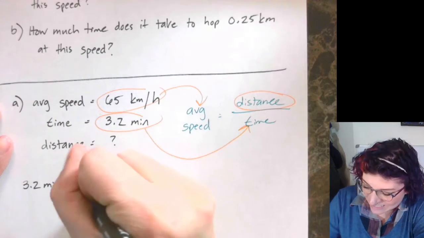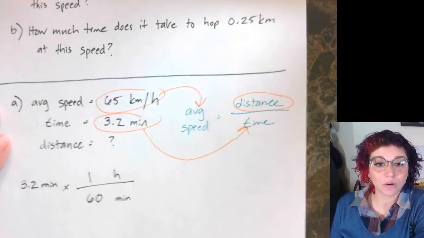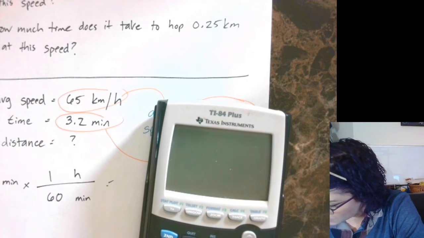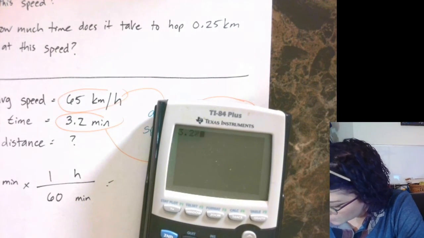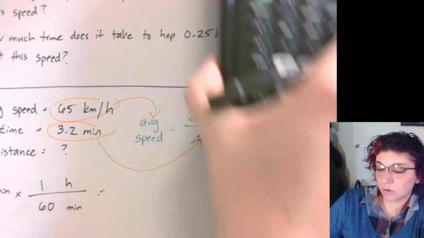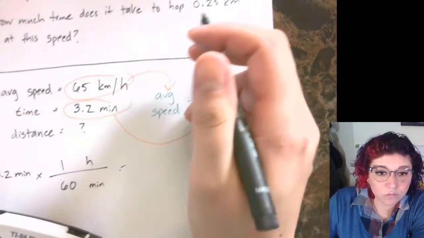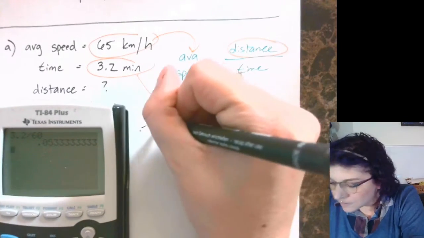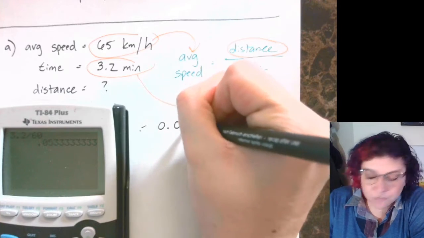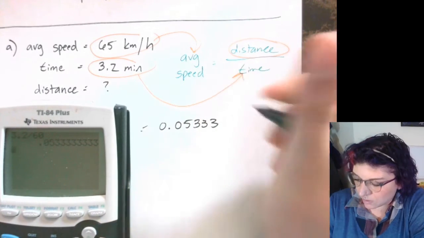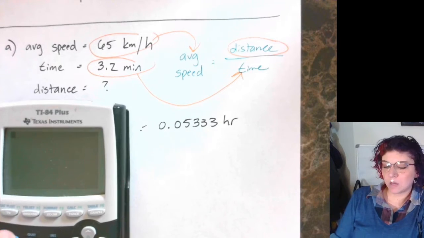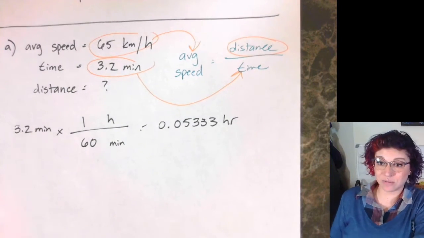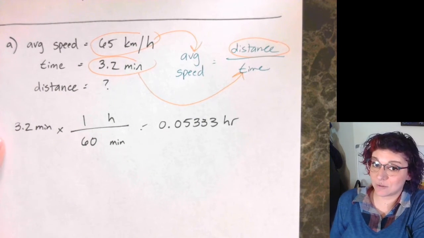So there are 60 minutes per 1 hour, and this gives me 3.2 divided by 60, roughly 0.05333 hours. Notice how I'm not rounding yet here. You don't want to start over rounding. I recommend you only round at the end.